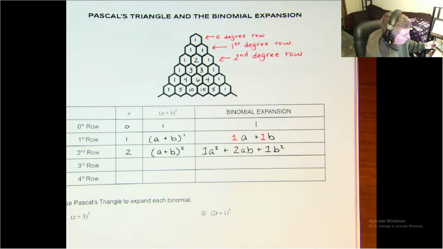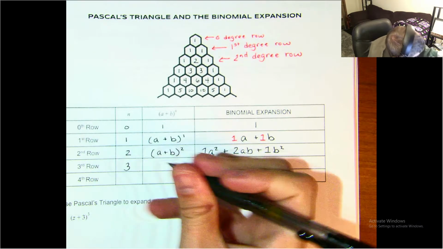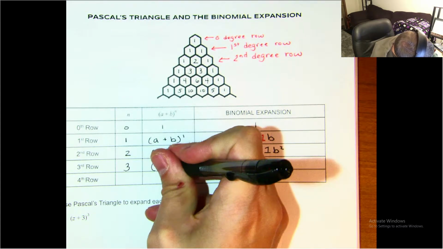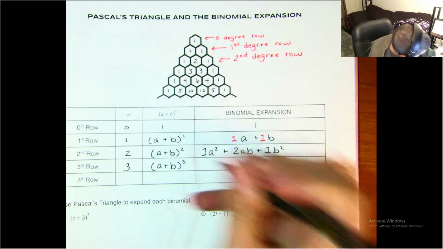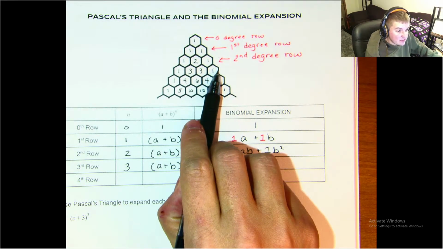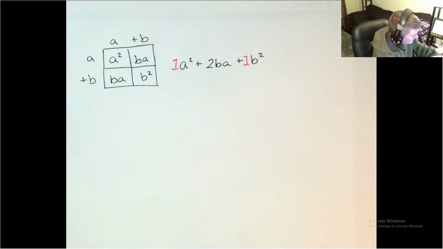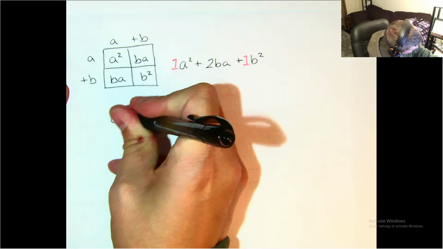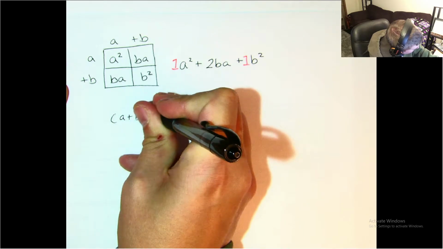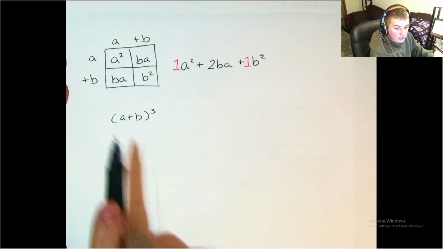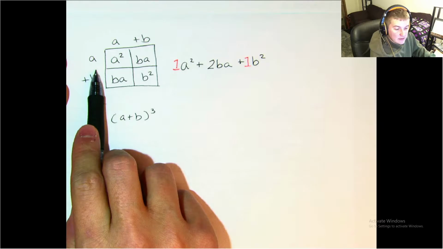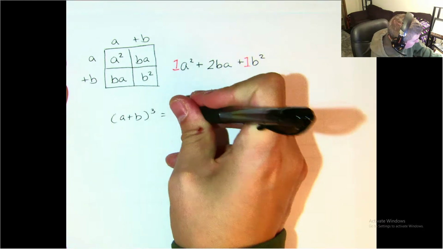Okay, now what if I want to do that 3 times? That means I'm taking a plus b to the third power. You can already guess that this is going to be my third degree row, but let's see that happen. So if I'm taking a plus b to the third power, what I'm going to do is take a plus b squared, because that's the same as this.